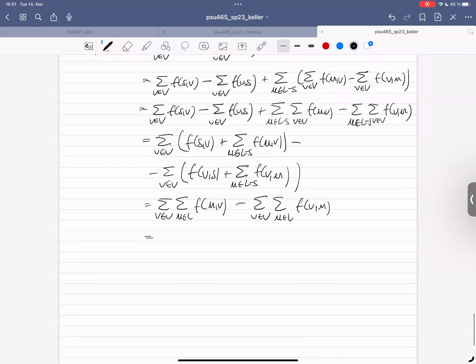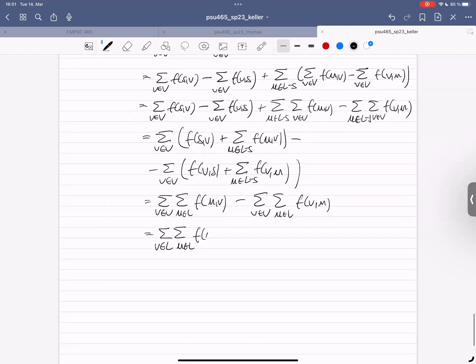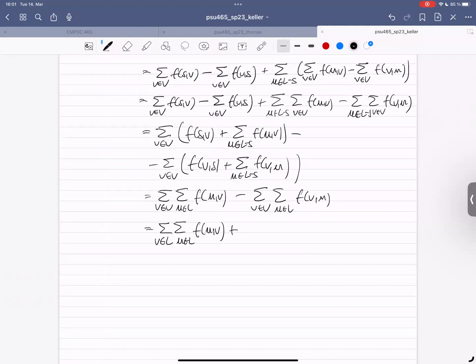I go over all V in L and use the inner sum as before, U in L, FUV. Plus, now I do the same thing over all remaining vertices, V in R. Sorry. U in L.